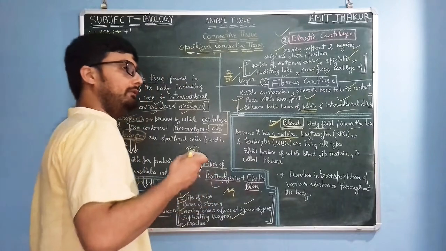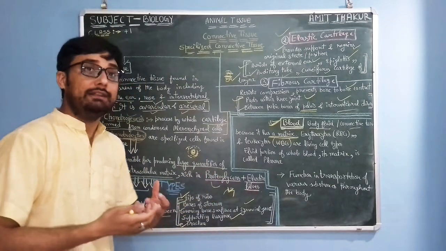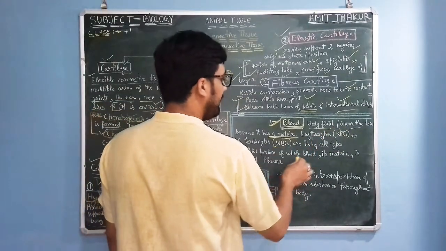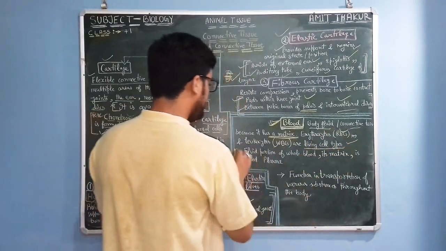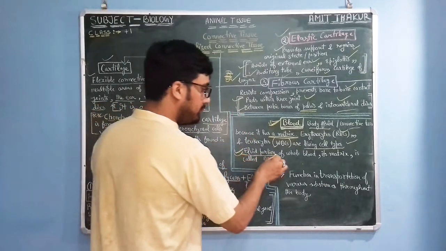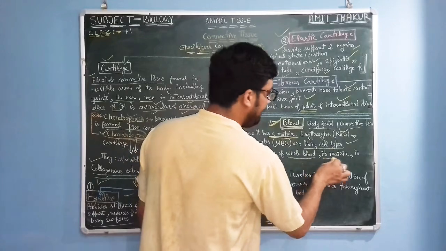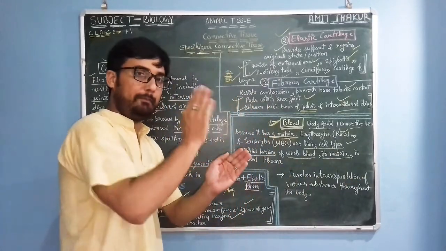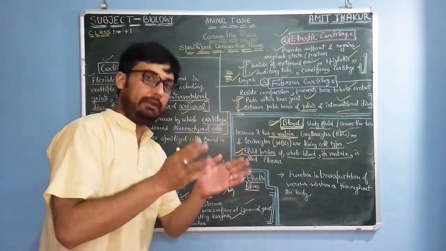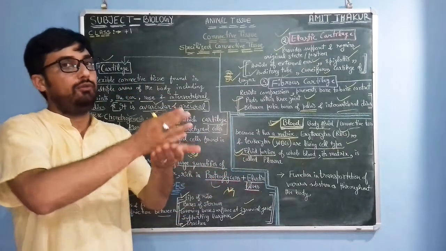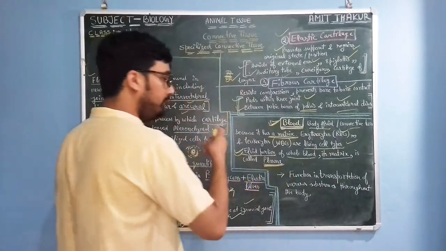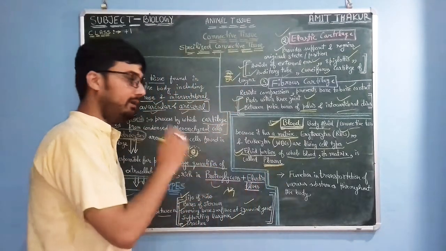There are specialized cells like erythrocytes, leukocytes, RBCs, WBCs, which are living cell types. The fluid portion of whole blood is its matrix. There is a collective term for the matrix as well as the fluid portion: plasma. So plasma is the fluid portion plus matrix part of blood.